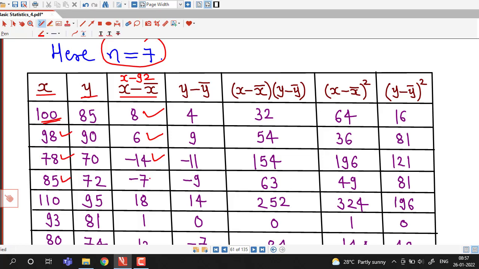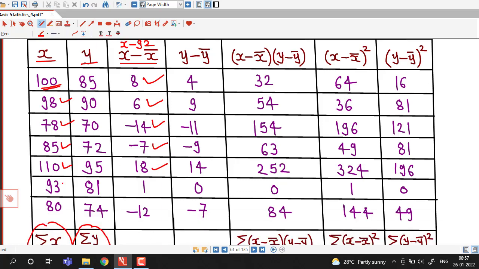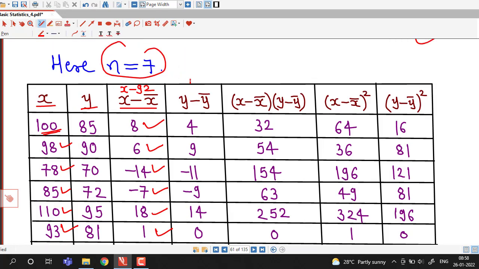Then 85 minus 92 is minus 7. 110 minus 92 is 18. 93 minus 92 is 1. 80 minus 92 is minus 12. Similarly, we find out y minus y bar. Y bar is 81, so we subtract 81 from each of these y values and we obtain this column.